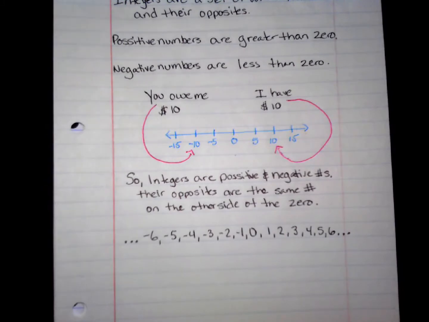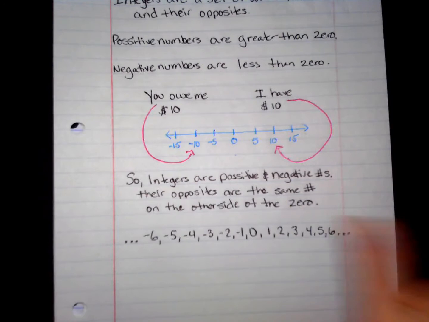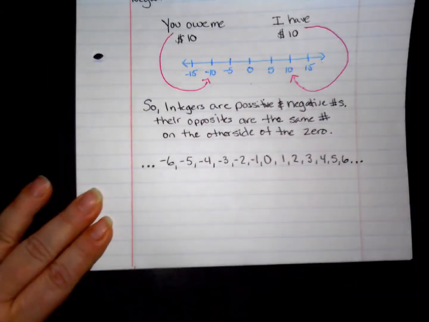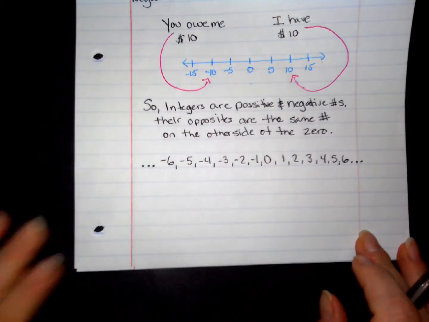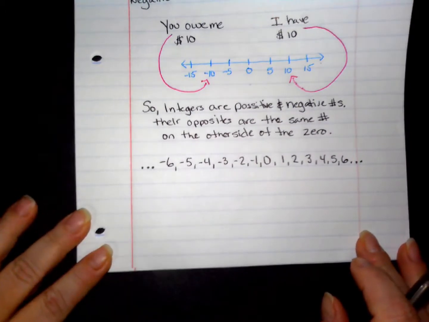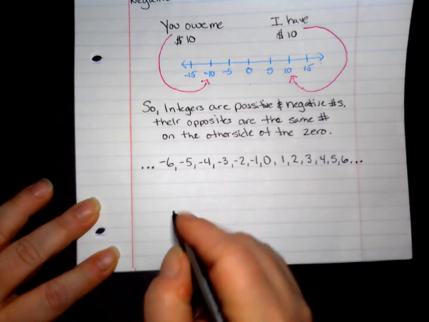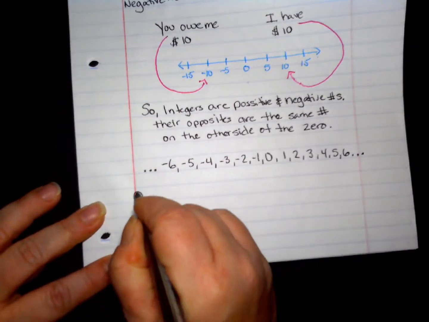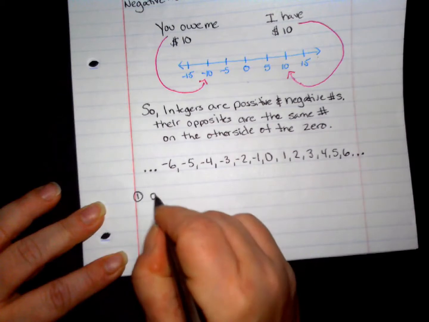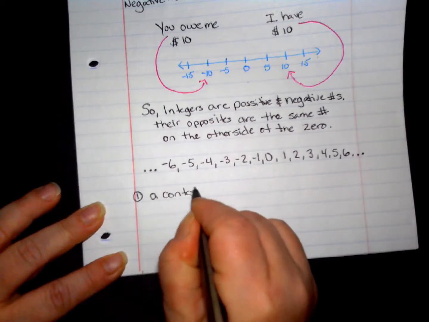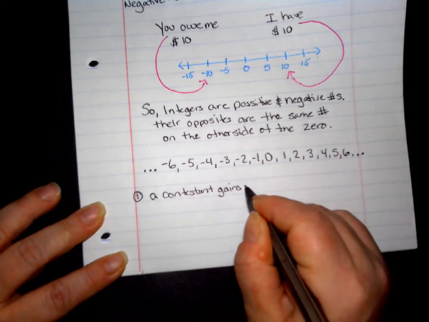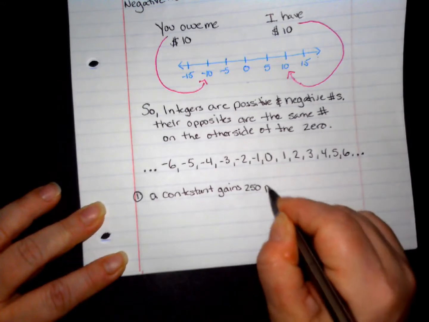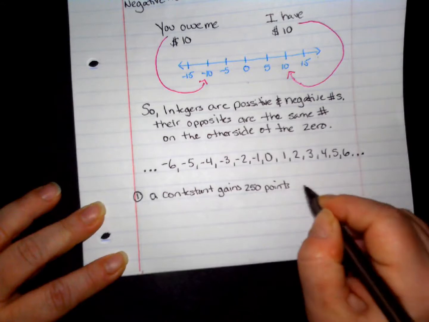So let's think about a couple of examples of trying to figure out in real life, what would the number be? Would it be a positive integer? Would it be a negative integer? Let's say number 1, a contestant gains 250 points on a game show.